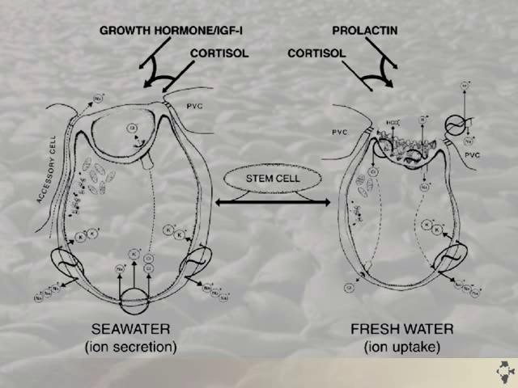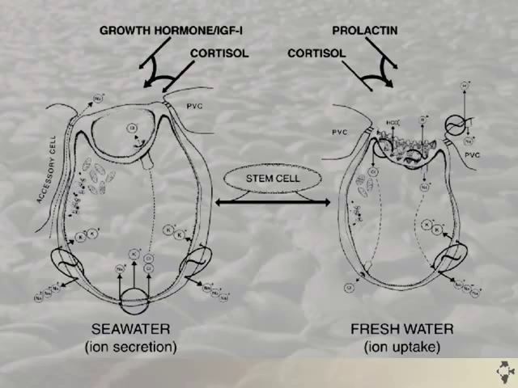Now, generally speaking, the stem cells or the precursors to chloride cells can develop into either one of these options. Both seawater adapted and freshwater adapted chloride cells develop from the same stem cell, quote unquote, or the same precursor cell. Whether they end up becoming a seawater adapted cell exporting ions or a freshwater chloride cell importing ions is dependent upon hormonal signals provided by the endocrine system.